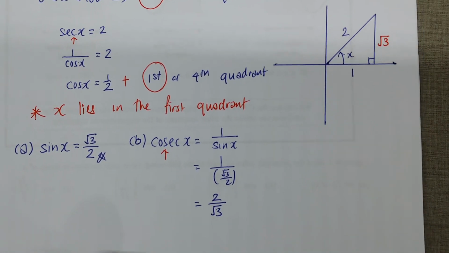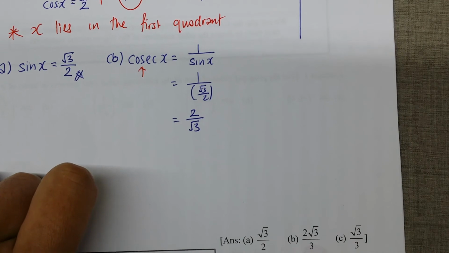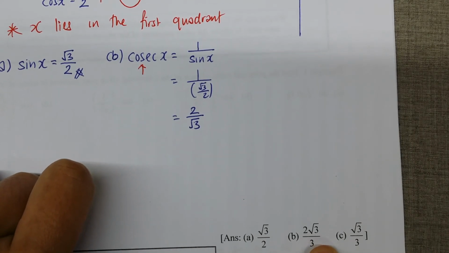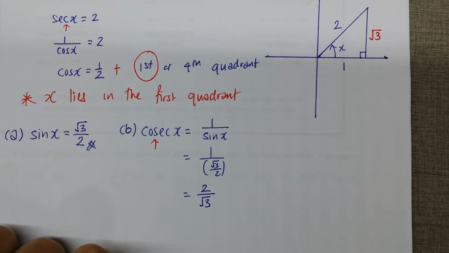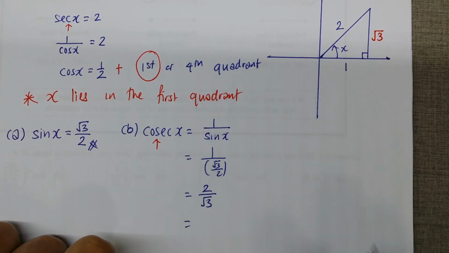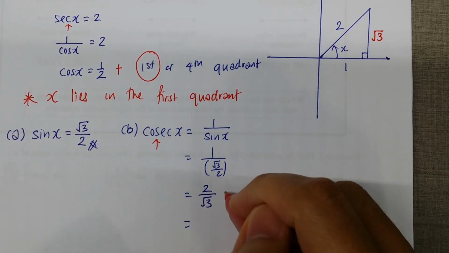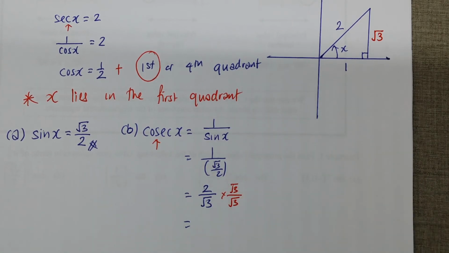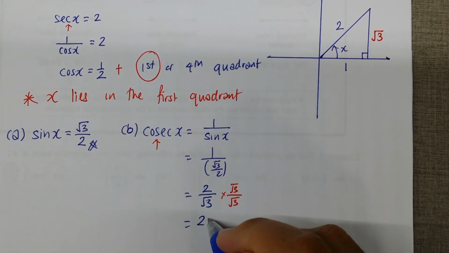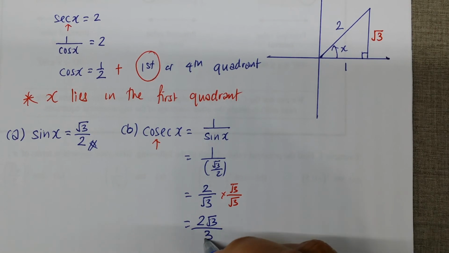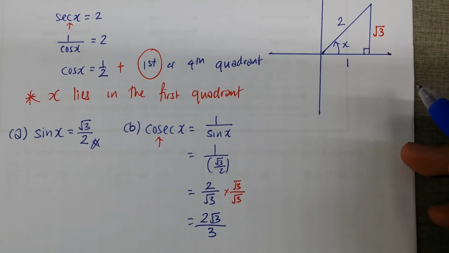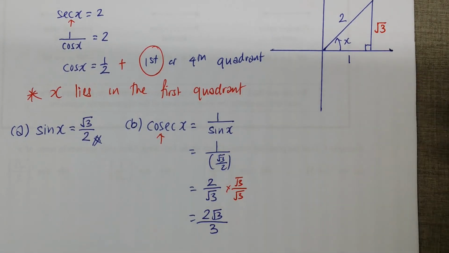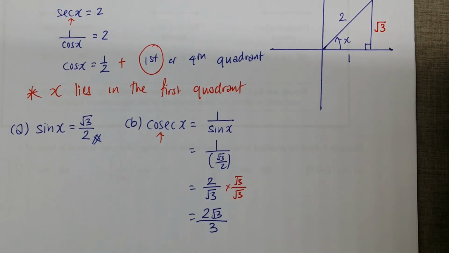The answer is different. Why? Yes, you need to rationalize. Multiply by square root 3 over square root 3. 2 square root 3 over 3. You cannot write your denominator as a surd. Good to go. If you need more time, please pause the video.